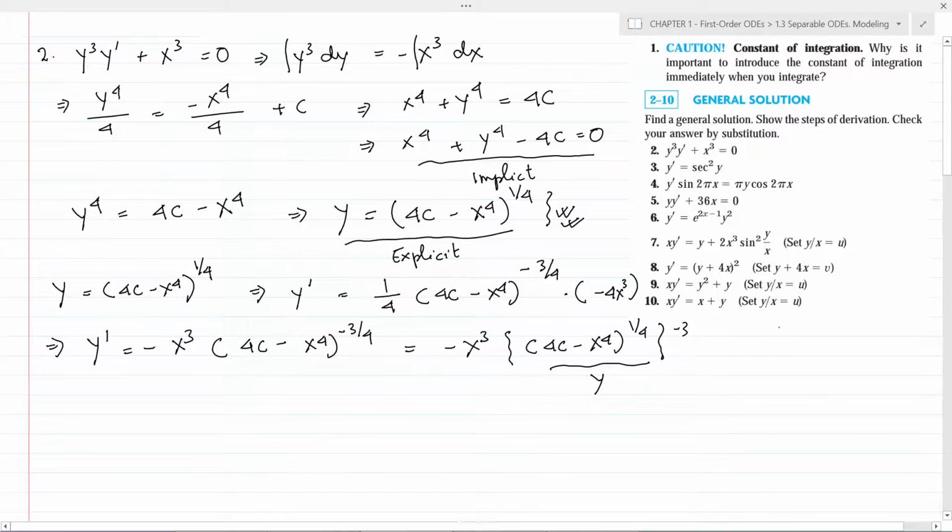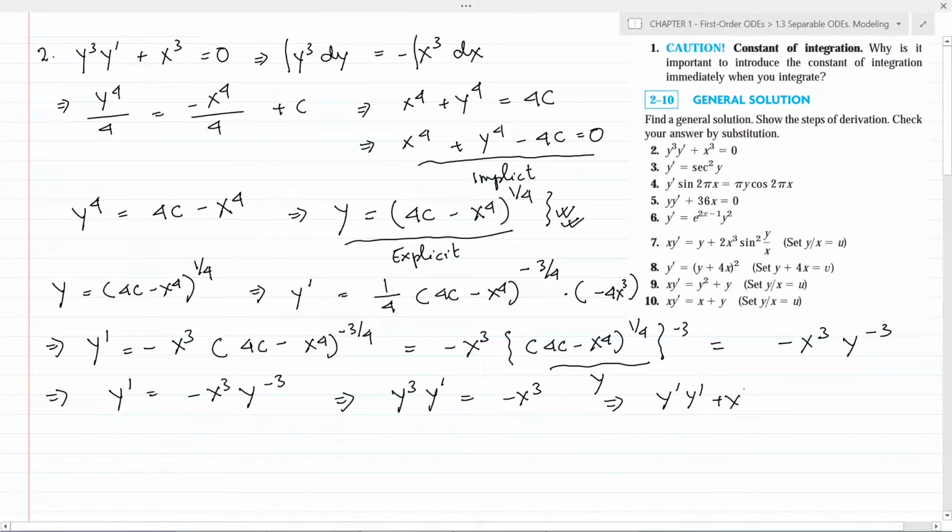So we will write this as minus x cube y to the power minus 3. So we have y dash is equal to minus x cube y to the power minus 3, which implies y cube y dash is equal to minus x cube, which implies y cube y dash plus x cube is equal to 0.